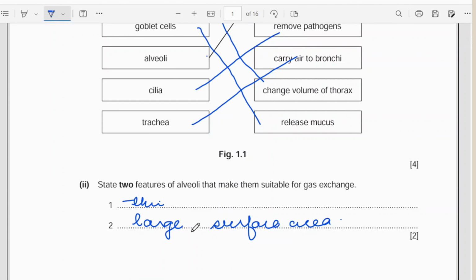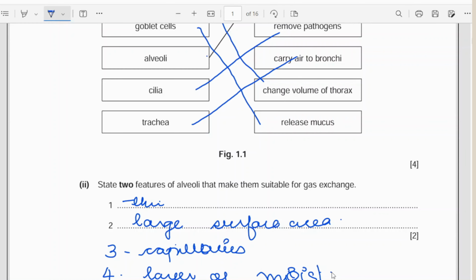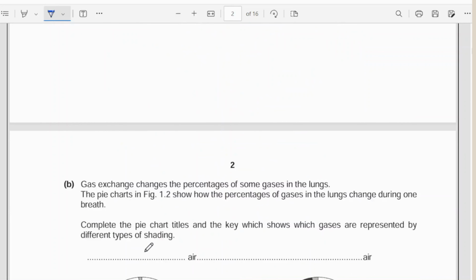There are two other features. Surrounded by capillaries. Okay. And what's the last feature? Exactly. Moist lining, so that diffusion can take place more efficiently or easily.